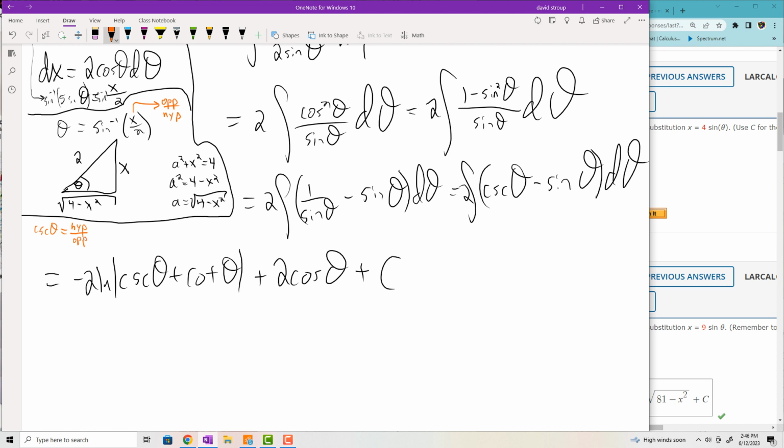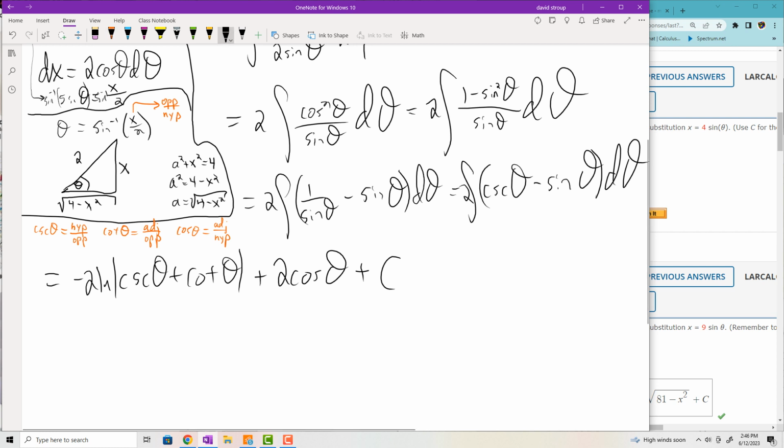And then your cotangent is adjacent over opposite. Cosine, I'll need for the third term. Cosine is adjacent over hypotenuse. So you need to have all 6 of those main ones memorized.